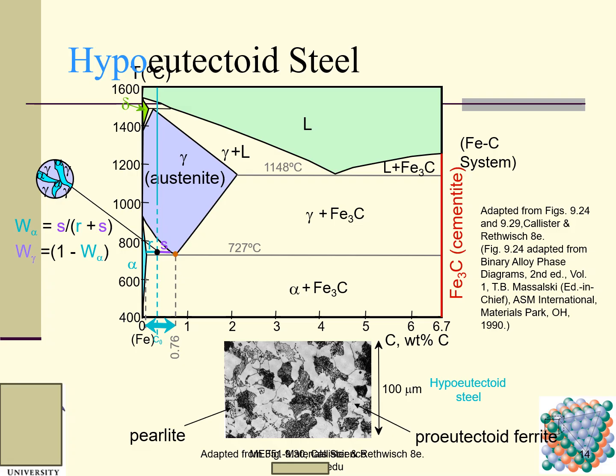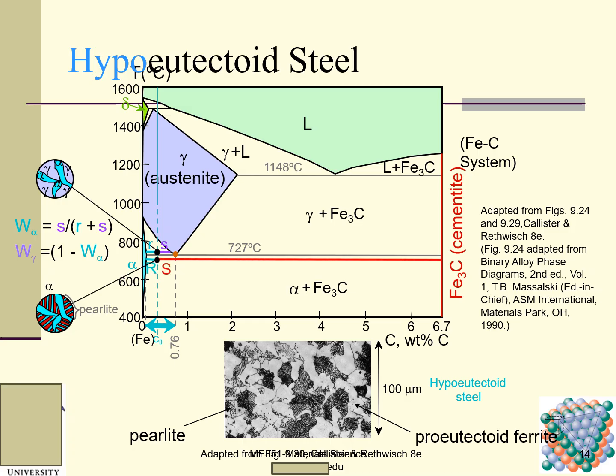And we can calculate the weight percentage. Here we have alpha and gamma, and we use the lever rule. We draw a tie line horizontally, get these two points, and use this equation to get the weight percentage of alpha phase and of the gamma austenite phase. Here at this point, we also draw a horizontal line.